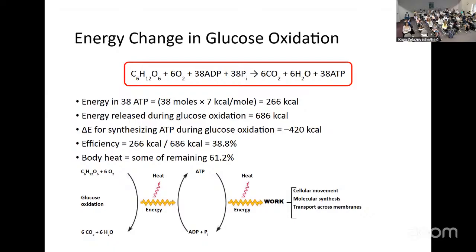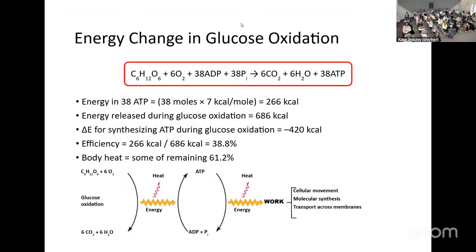So when you're thinking about what numbers you want to know, definitely know numbers for how many ATP are produced in glycolysis, but don't worry about how many kilocalories are released by glucose oxidation. I'll cue you when there's a number that you definitely want to remember.